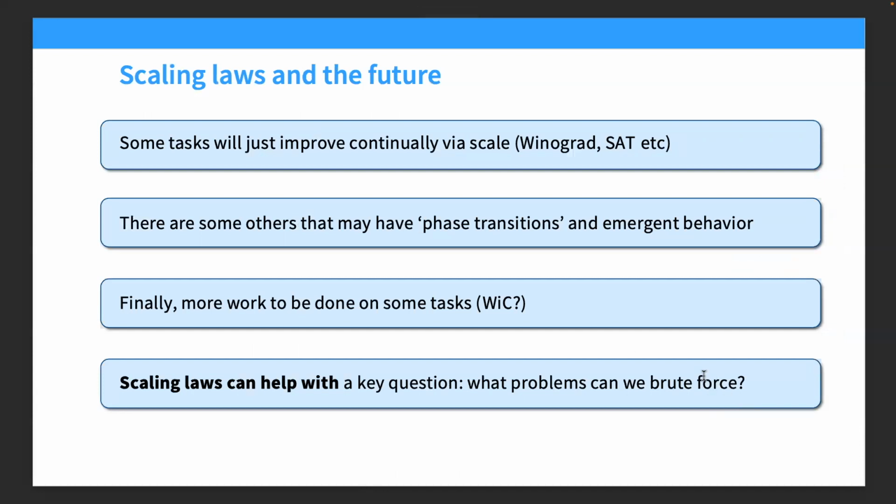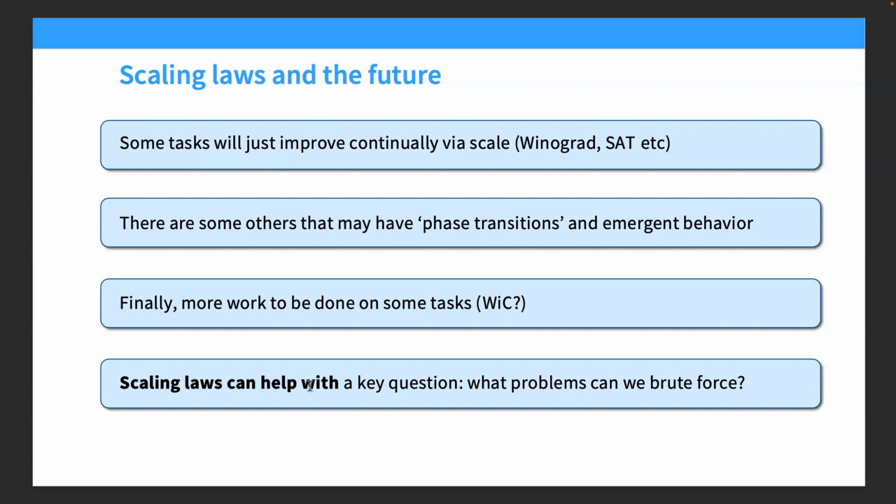So this concludes the slides, right? Some tasks will just improve continuously while scaling in a log-linear relationship. And some others may have this phase transition and emergent behavior of the LLM, which is hard to predict right now. And there will also be some tasks which are still very challenging, such as word-in-context prediction, like pairwise prediction. Scaling the model won't help anyway, according to the scaling laws.